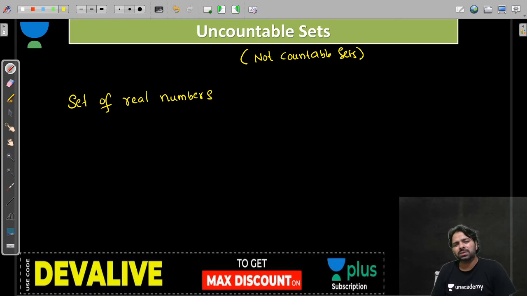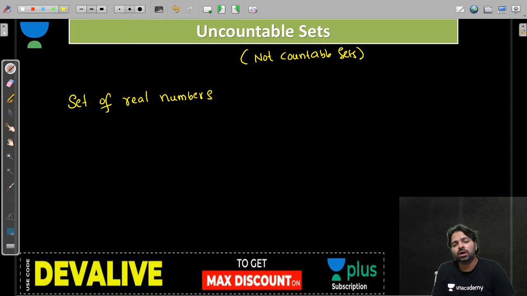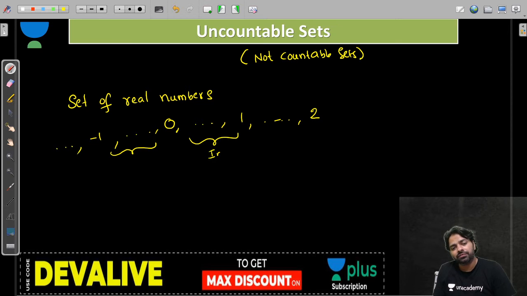Why is the set of real numbers uncountable? Basically, you cannot enumerate the real numbers. Look at 0, 1, 2, minus 1. Do you know how many numbers are there in between 0 and 1? Already infinite numbers, but you cannot write all of them, like 0.0000.